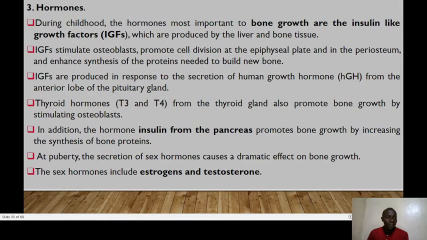So the IGFs, insulin-like growth factors, stimulate osteoblasts, promote cell division at the epiphyseal plate and in the periosteum, and enhance synthesis of the proteins needed to build new bone. The IGFs are produced in response to the secretion of human growth hormone from the anterior lobe of the pituitary gland.